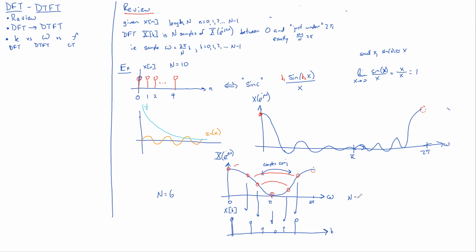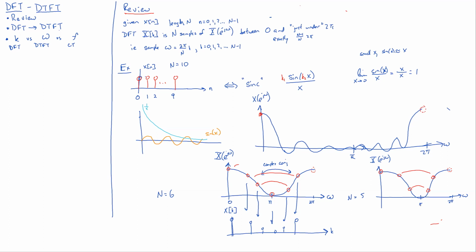If we had n equals 5 to make it an odd number, now we have 1, 2, 3, 4, 5 evenly spread. And now the complex conjugates are a little bit different, right? Now we have these guys as being complex conjugates, but this point at pi didn't quite draw that perfectly there. Let me try that again. This middle point that's at pi isn't sampled.